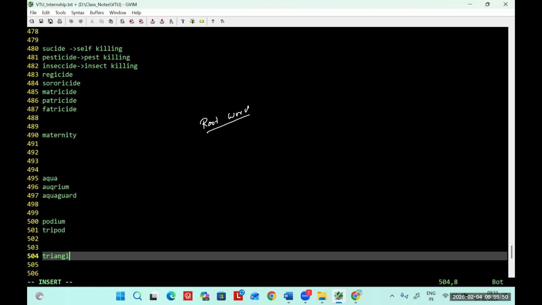Tri means what? 3. Pod means what? Leg. Right? So next time, whenever you see any word, try to see what is the root word in that. With the help of one word, you can learn multiple words.